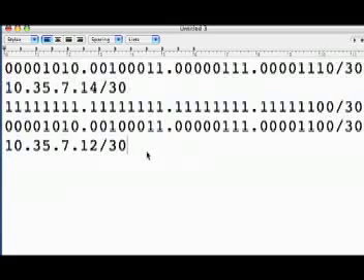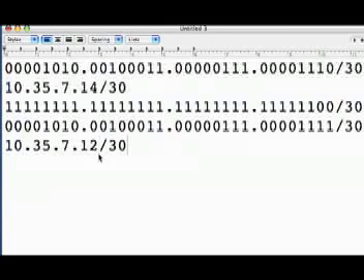Now on that /30, we can change the last 2 bits to be our host portion. And so our host portion can be 00, which is the .12, or it can be 01, which is the .13, or it can be 10, which is the .14, or it can be 11, which is the .15.